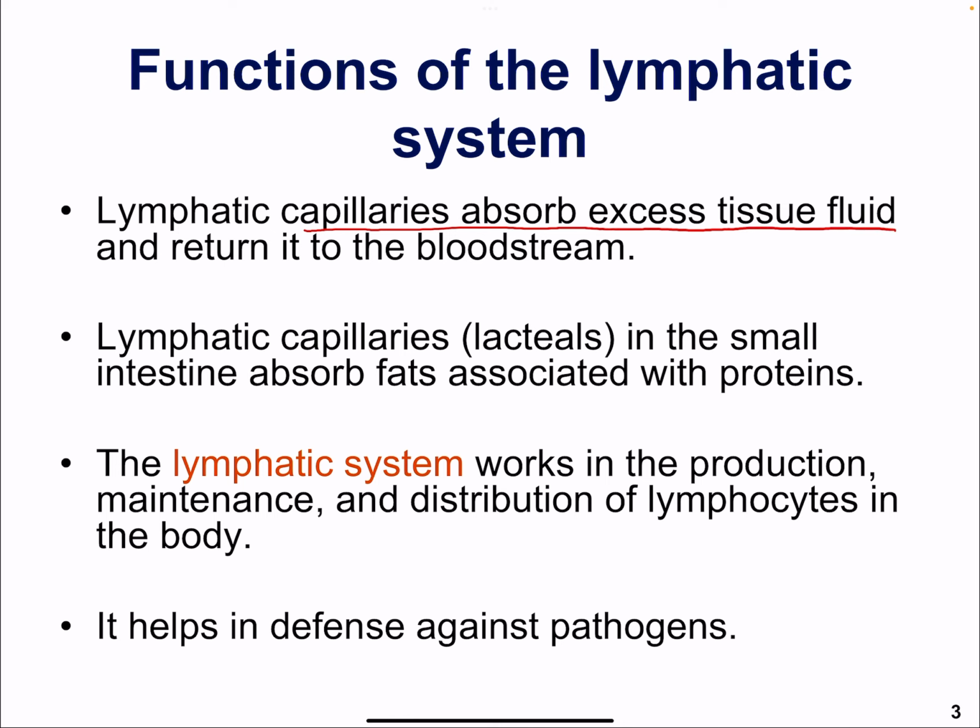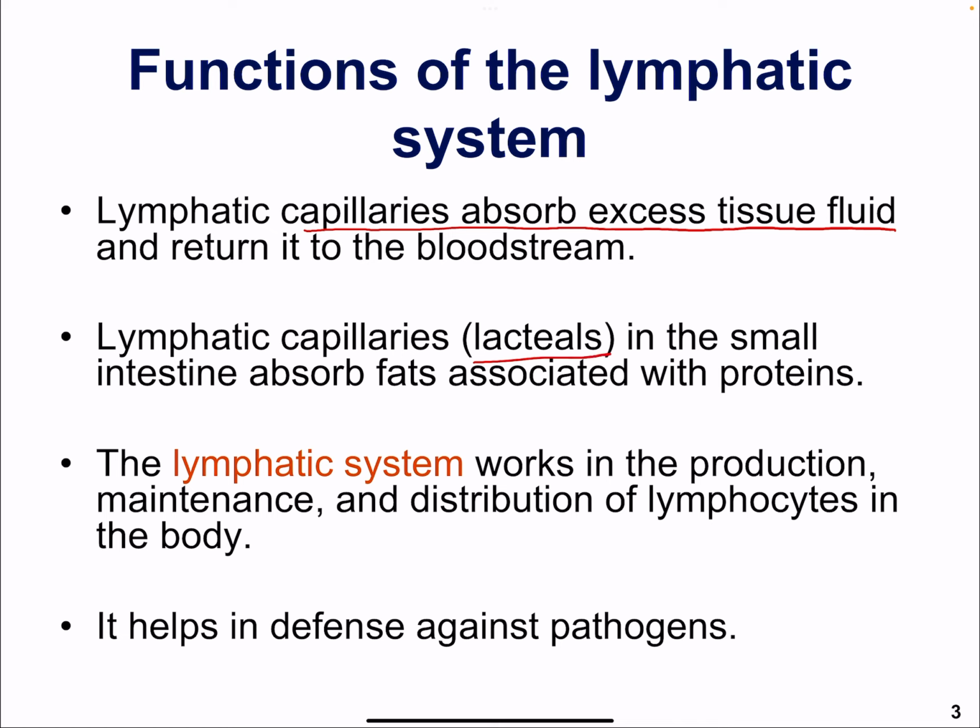And as they take up this excess fluid from the tissue, they return that excess fluid to the bloodstream. And based on the volume of fluid in the blood, that excess fluid can come back to the lymphatic system. The lymphatic capillaries carry a specific name.